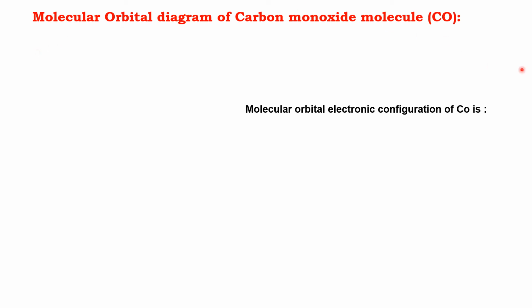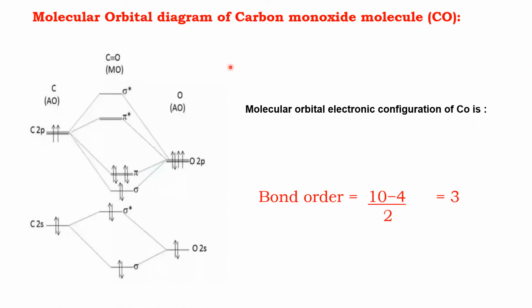Now moving to higher orbitals, see here, the energy of the atomic orbitals of oxygen is represented lower than the energy of the atomic orbitals of carbon, because oxygen is more electronegative than carbon.